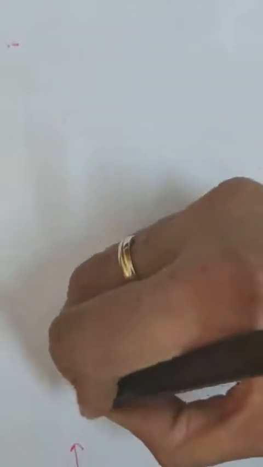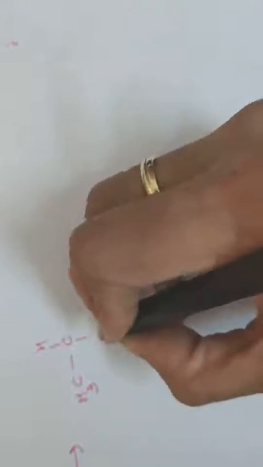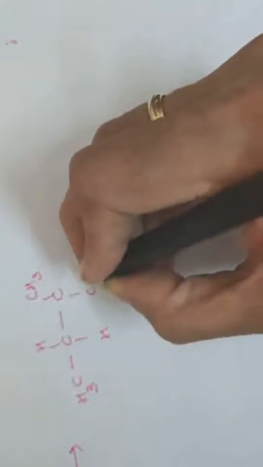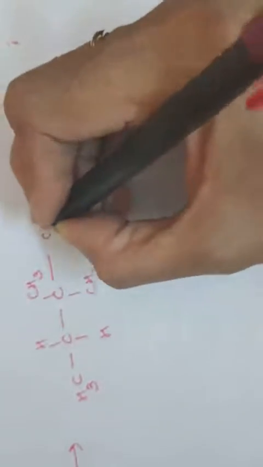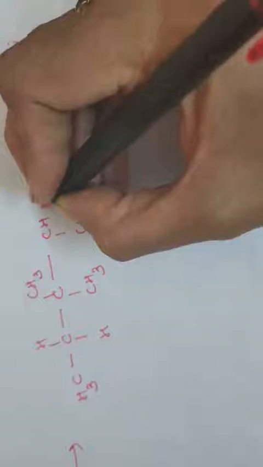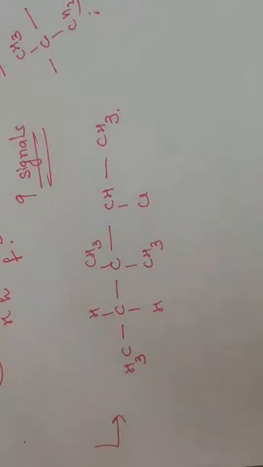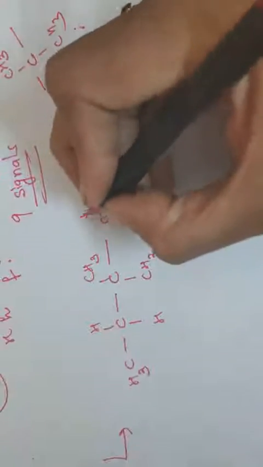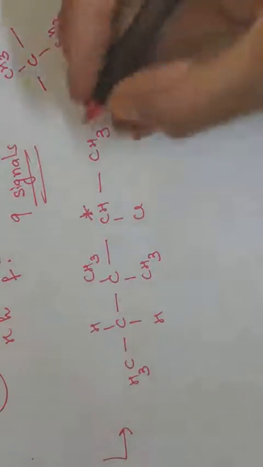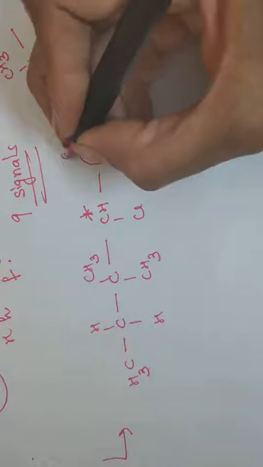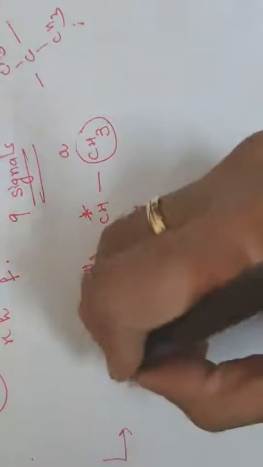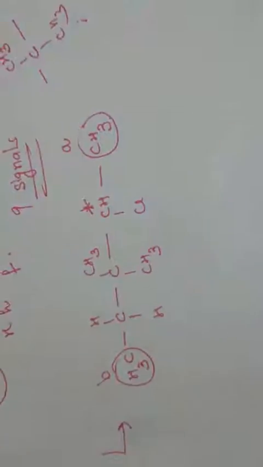Now next example. CH3, CH, CH2, CH3, CH3, CHCl and CH3. First look for the presence of a chiral center in the molecule. Yes, a chiral center is present. So this methyl group will give one signal. This methyl group will give one signal.